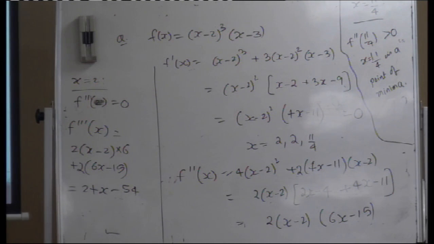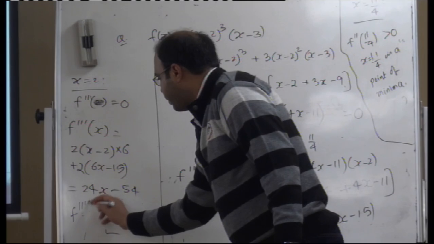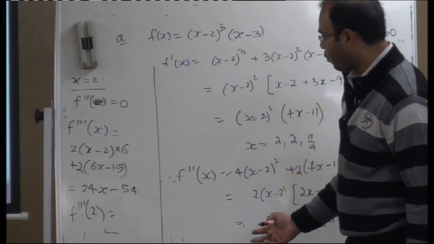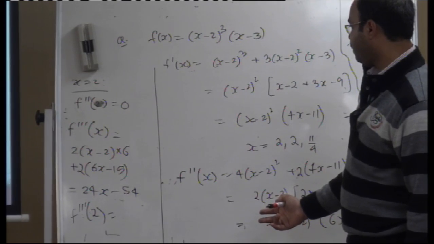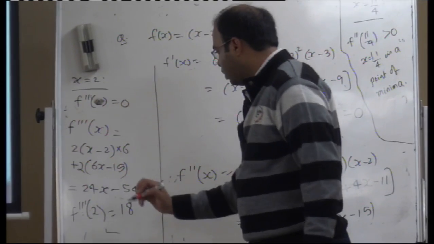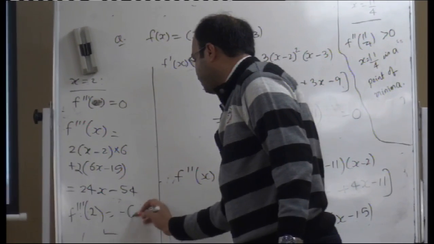So you see that this value is 24x minus 54, the triple derivative. When you calculate f triple dash 2, you will get 48 minus 54, that would be minus 6.